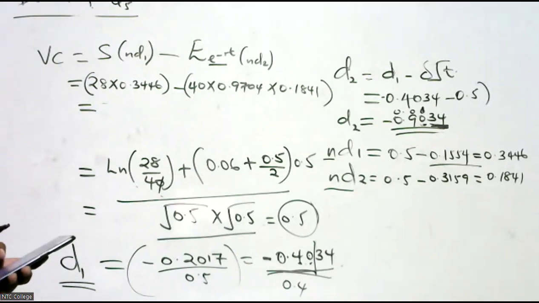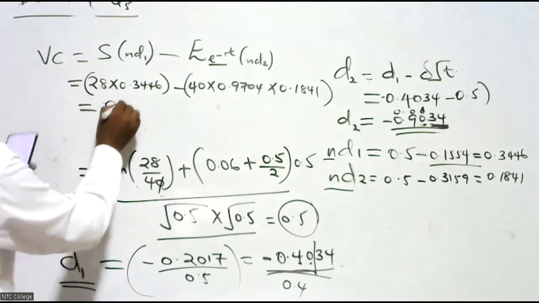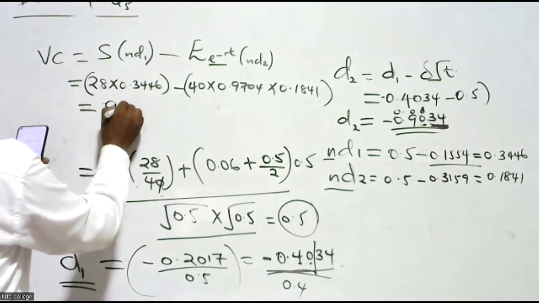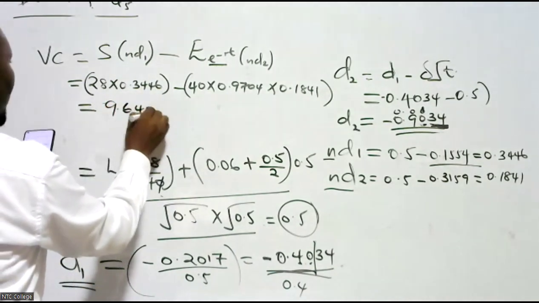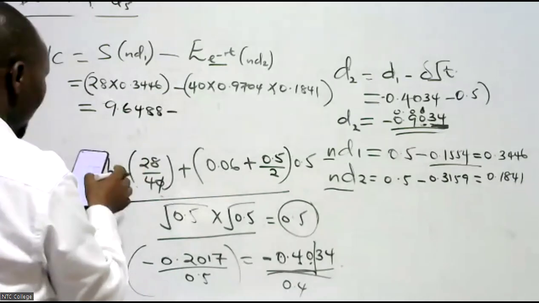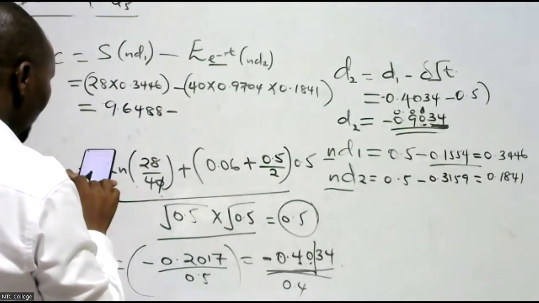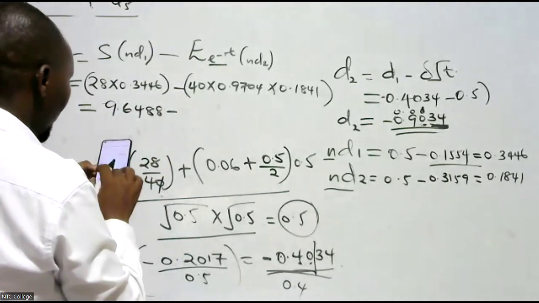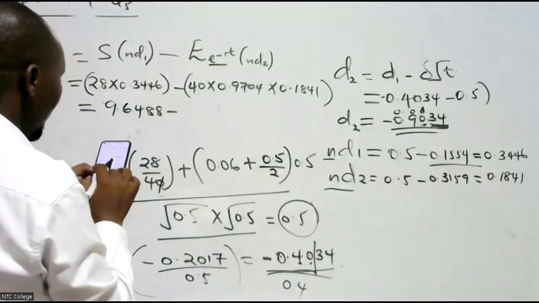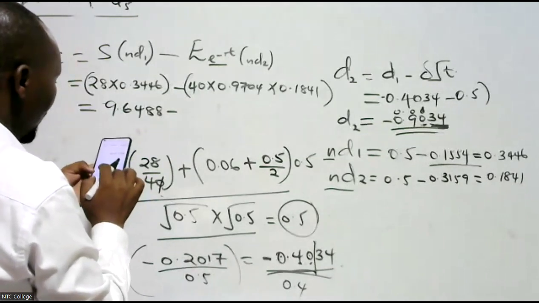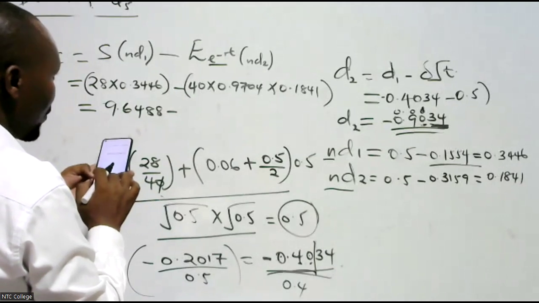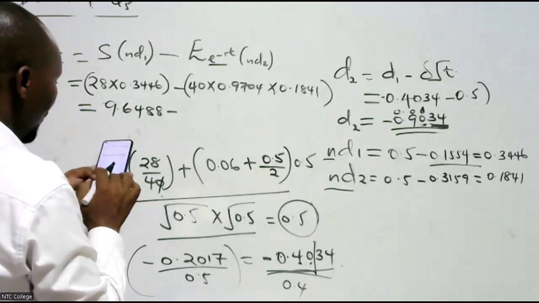So it is 28 times 0.3446, that is 9.6488, minus 40 times 0.9704 times 0.1841.